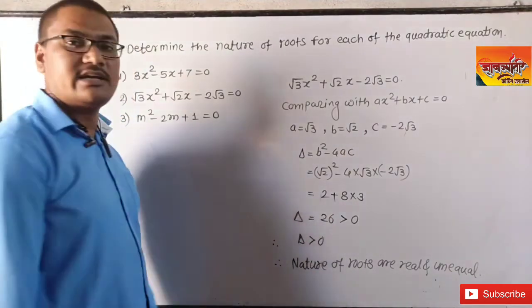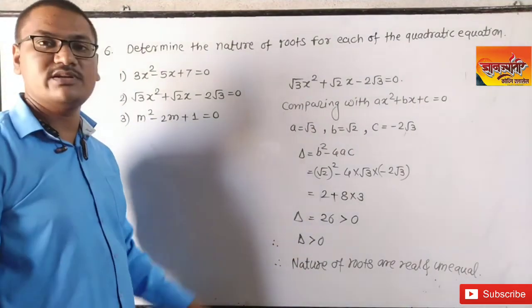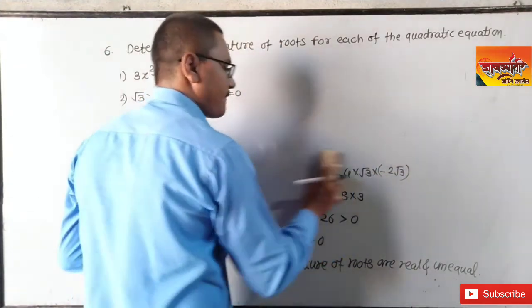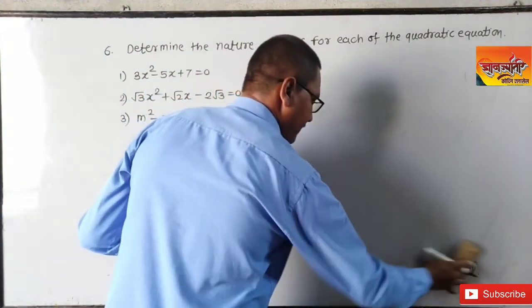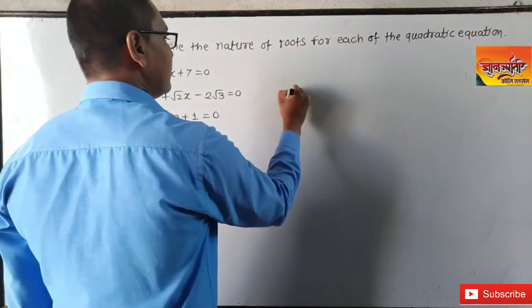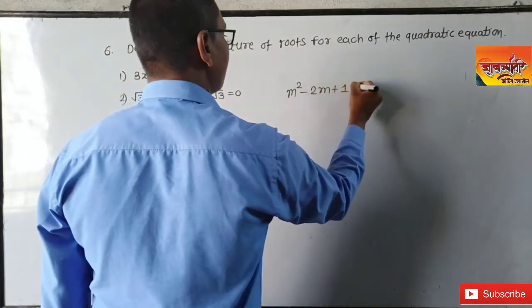Now take the third problem, which is m square minus 2m plus 1 is equal to 0. Let us consider m square minus 2m plus 1 is equal to 0.